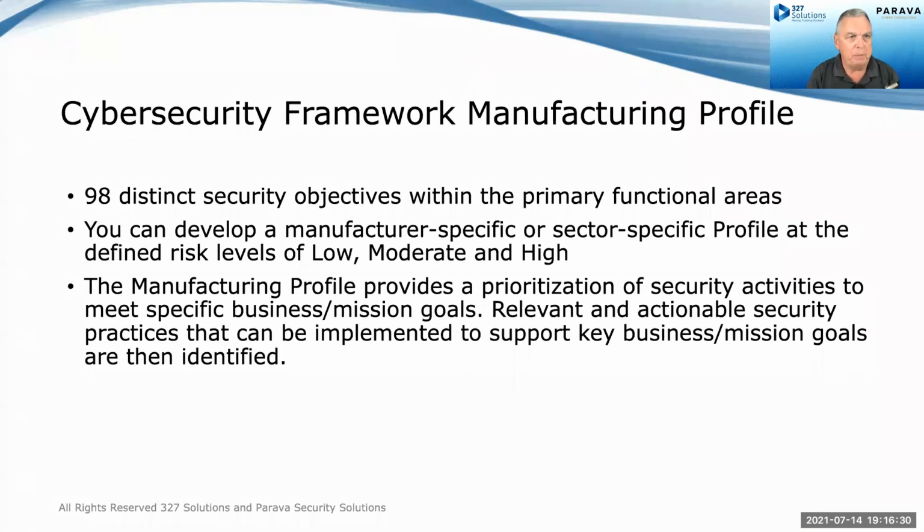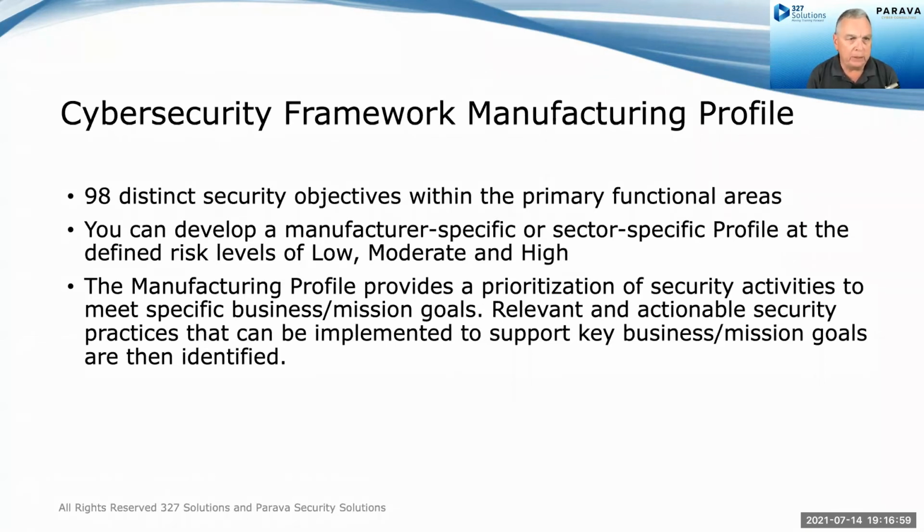Some other aspects and viewpoints of the Cybersecurity Framework manufacturing profile. You have 98 distinct security objectives within the primary functional areas. This next part is important. You can develop a manufacturer-specific or sector-specific profile at defined risk levels of either low, moderate, or high.